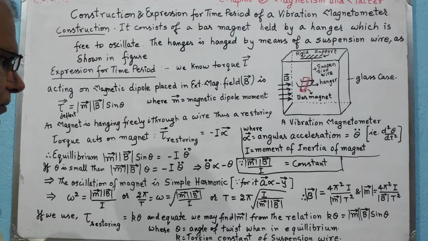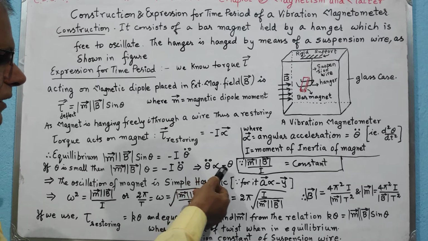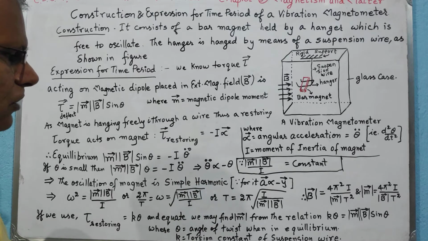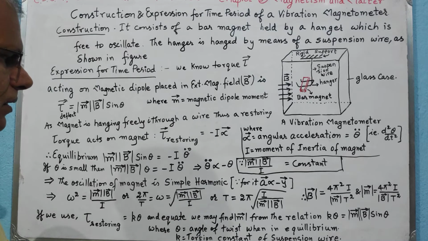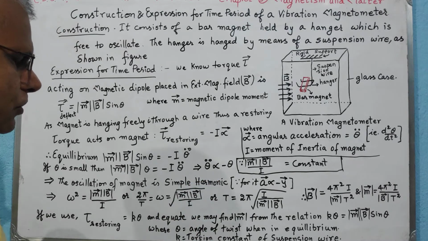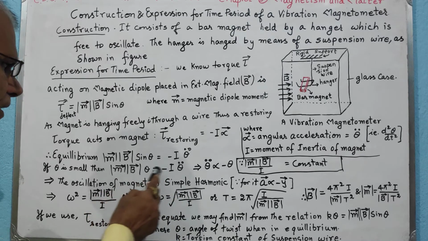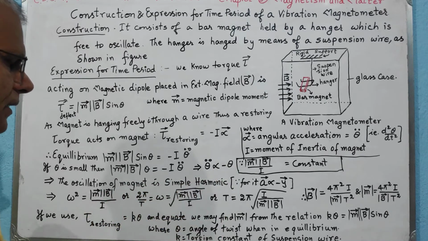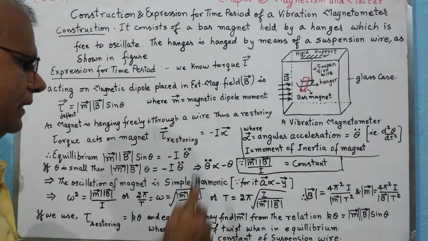As a consequence we see that the angular acceleration theta double dot is directly proportional to angular displacement with a negative sign. This proportionality sign has been introduced because the value mB upon I is a constant, and so we get a proportional relation between angular acceleration and angular displacement with a negative sign over it.